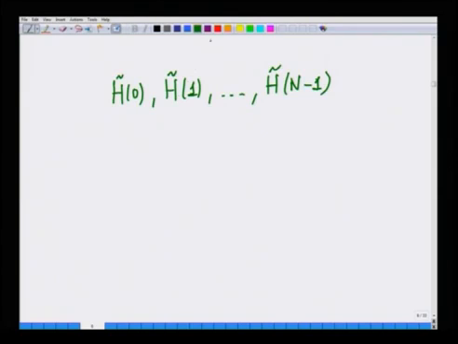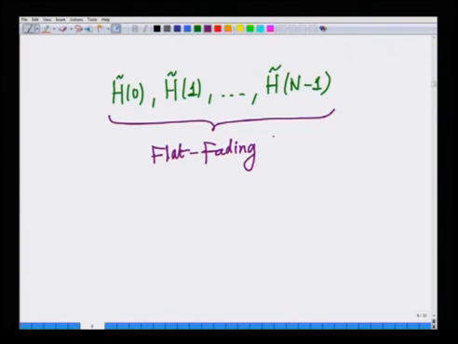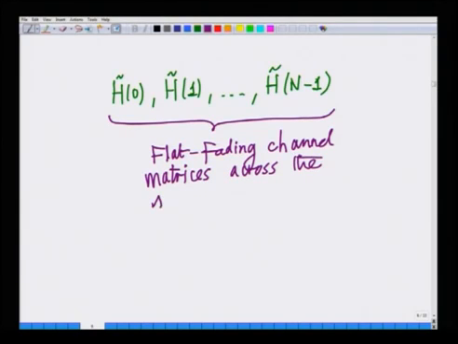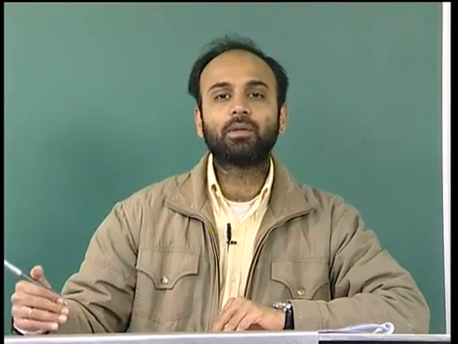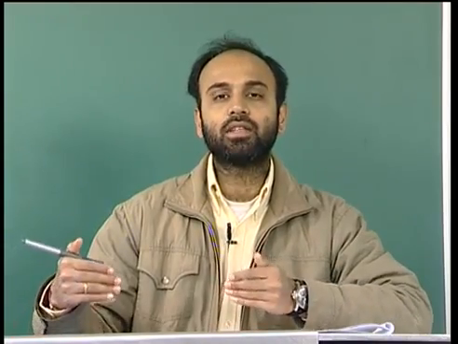These are nothing but the flat fading channel matrices across the n subcarriers, and they are simply computed by the FFT of the channel taps, similar to what we did in OFDM, except now these are matrices.